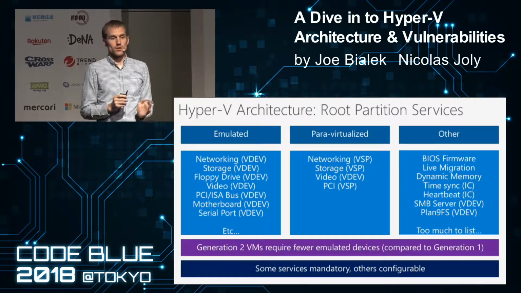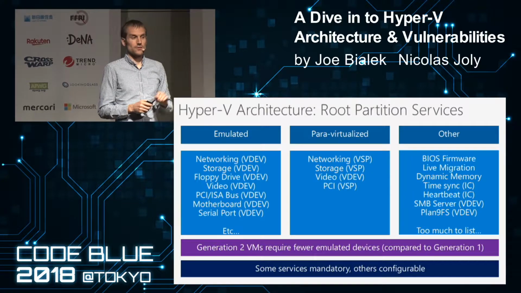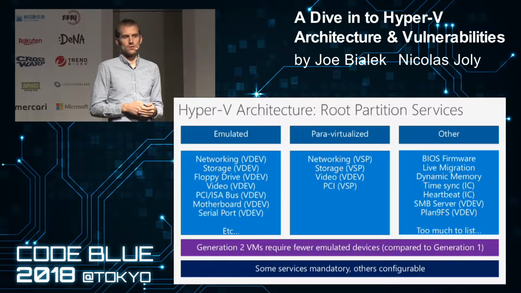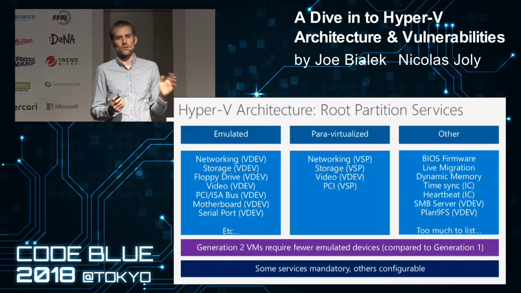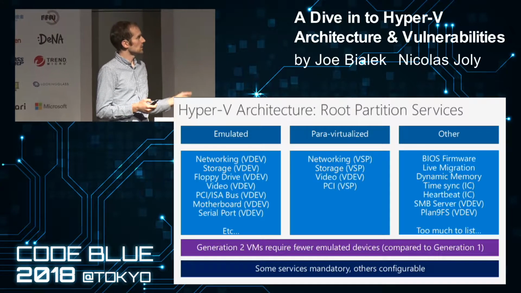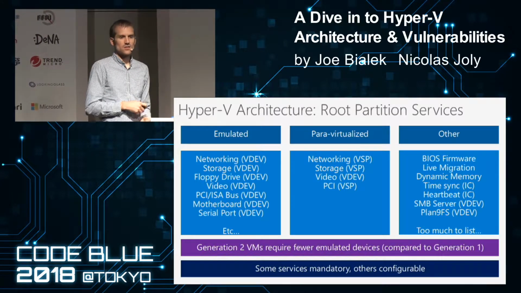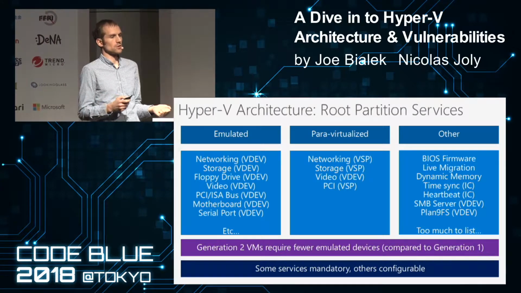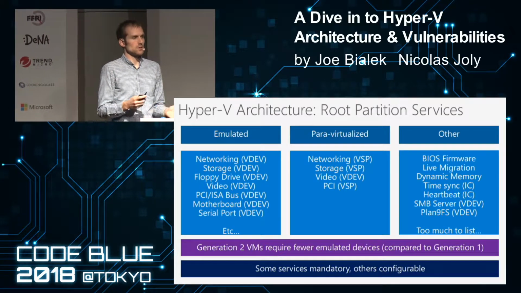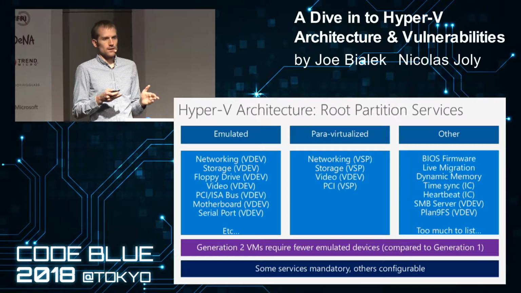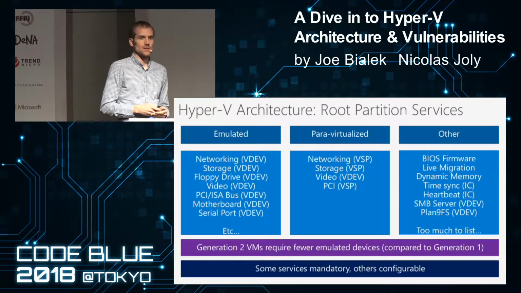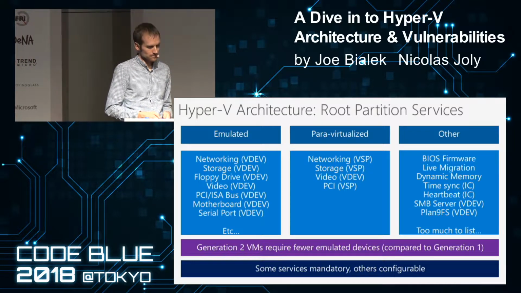But if you run a Generation 2 virtual machine, you will have almost none of those devices exposed because we expect that Generation 2 virtual machines can talk to all of the paravirtualized components. Certain options here are only available to Hyper-V containers. Certain options are only available if you're using specific features, etc. So when you're doing your research, it's always important to try to figure out, for the scenario that you want to target, what devices, what components are actually available for you to attack.